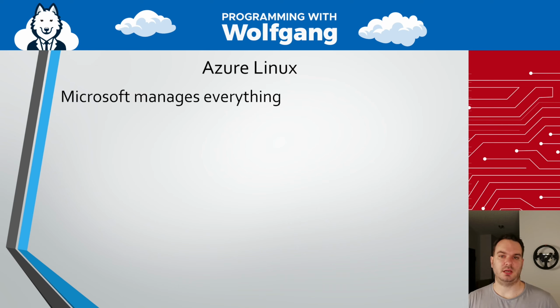Now let's talk about Azure Linux a bit. As I said before, it's built by Microsoft and Microsoft manages everything. It depends how you see it, but for me that's a good thing, because if there are any problems, Microsoft can take care of everything and they're not dependent on a third party.